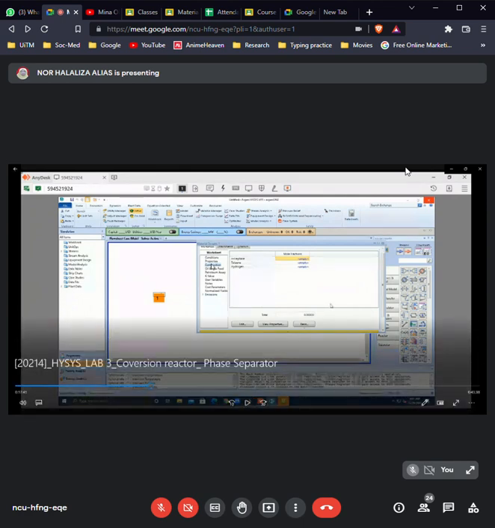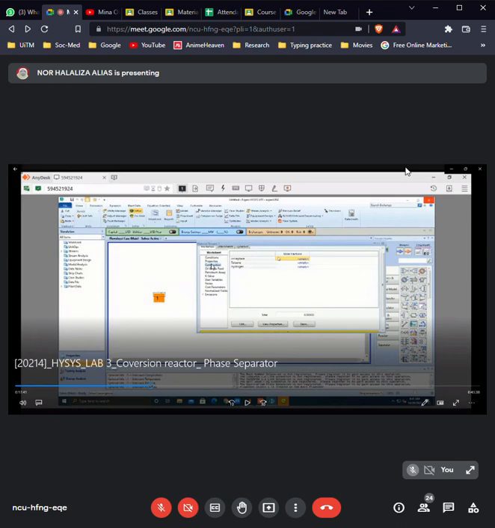For the mole fraction, it is not given in the questions, but we can assume that by looking at the mole, only n heptane exists at the beginning, untuk stream 1 ya.